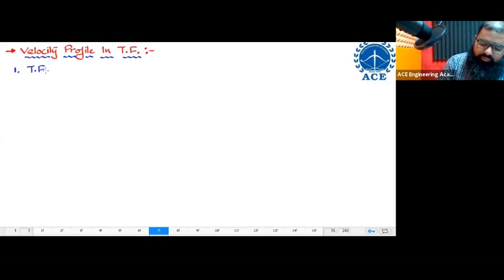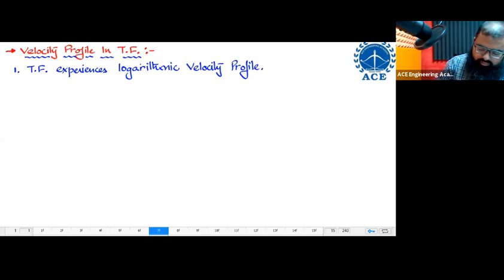Now, first thing you have to remember over here, turbulent flow experiences logarithmic velocity profile. So let me underline this thing.